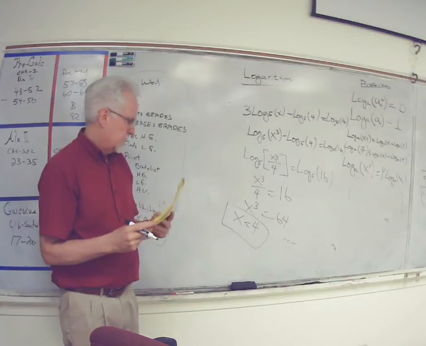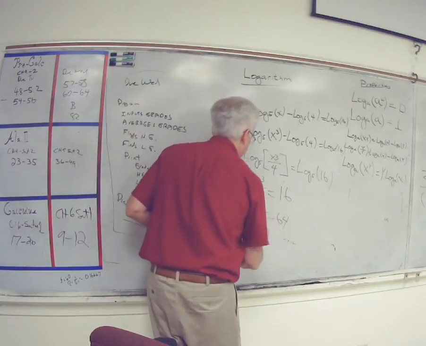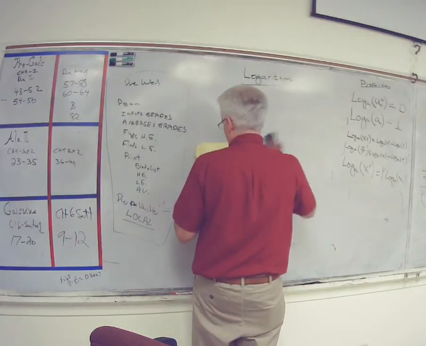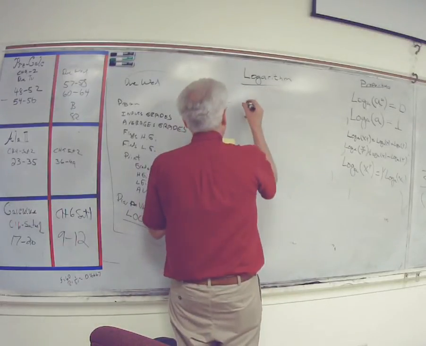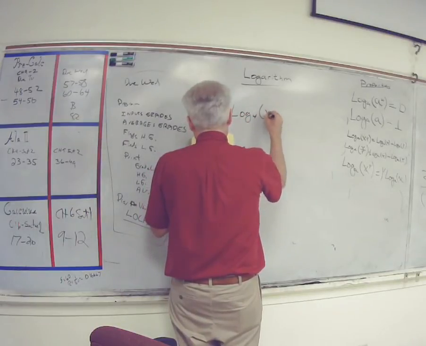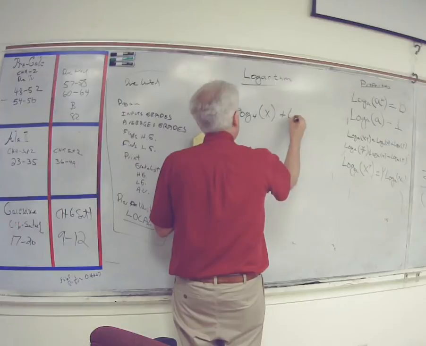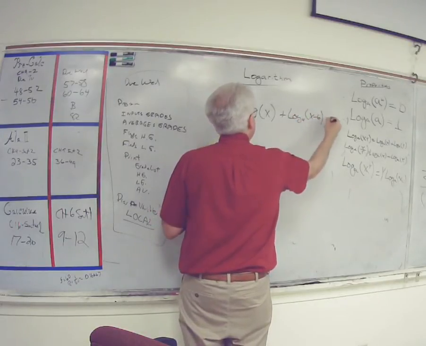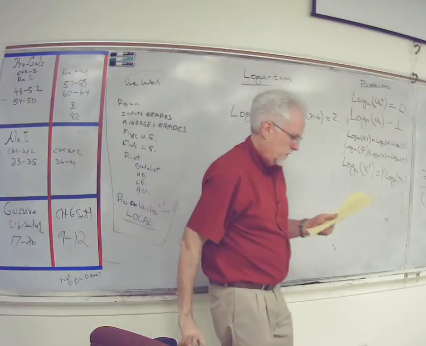Okay, so let's work another one. Log 4 of x plus log 4 of x minus 6 is equal to 2. Okay?